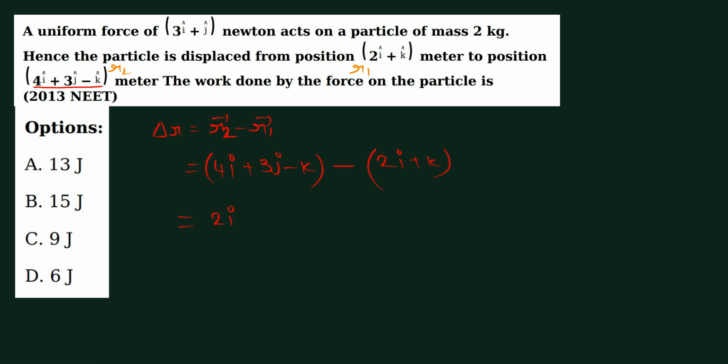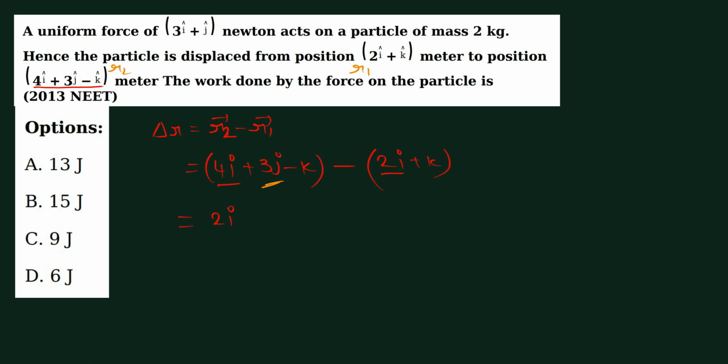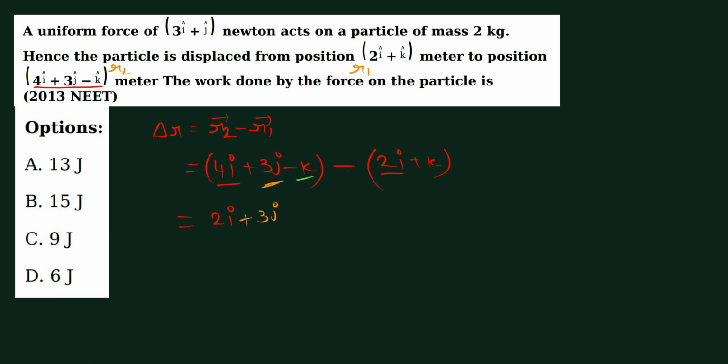That is 2i. 3j minus 0, so there is no j term, so you write 3j only. What is the k term we have here? Minus k minus of minus k is minus 2k. So this is the value of delta R.